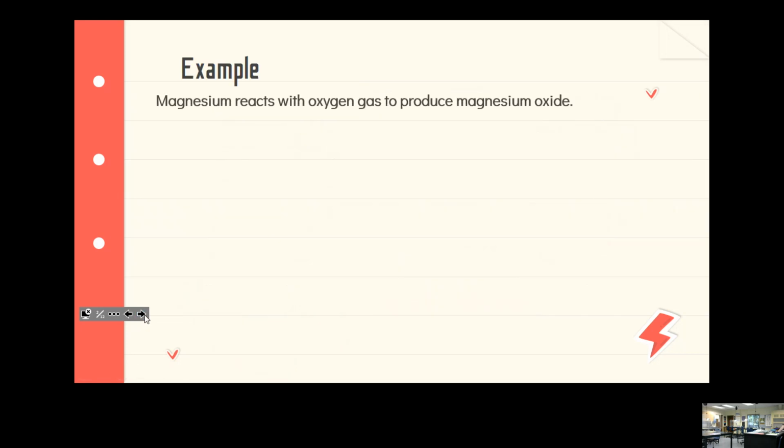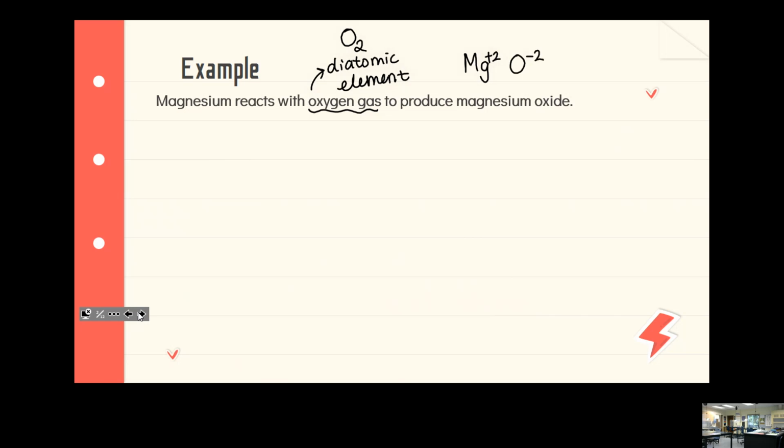So we've got magnesium reacts with oxygen gas to produce magnesium oxide. So remember in this, our oxygen, this guy is a diatomic element. So because it's by itself, it's not O, it's O2. Okay, and then magnesium oxide, in order to find your chemical formula, we have to find charge and neutralize.